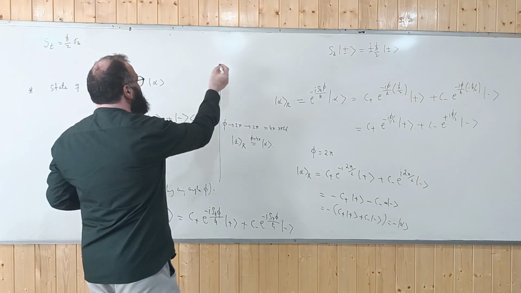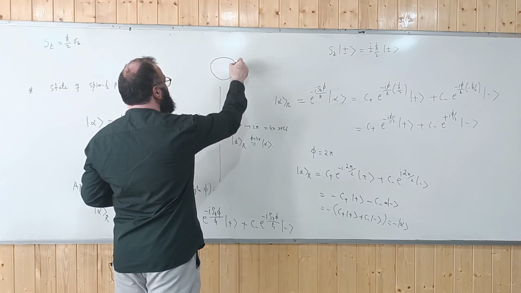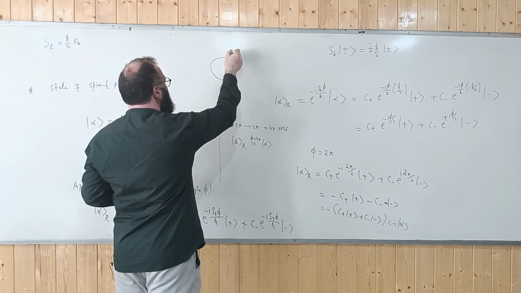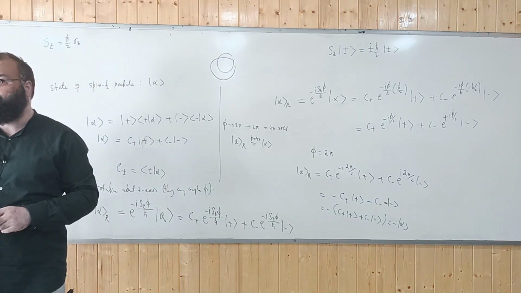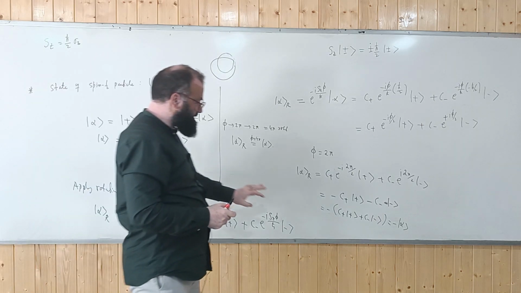So let's say you have this object, then you go up like this and come back, only after 4 pi rotations. So you see there will be a knot arising. Got it? So remember this point for spin half particles.